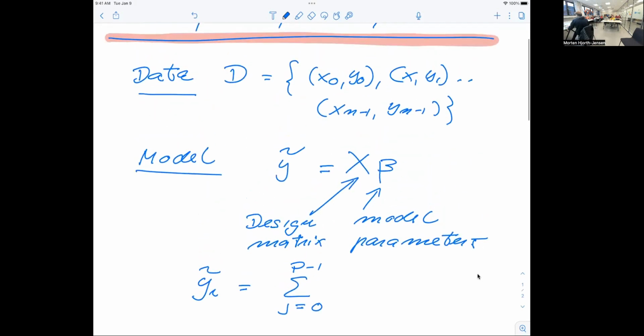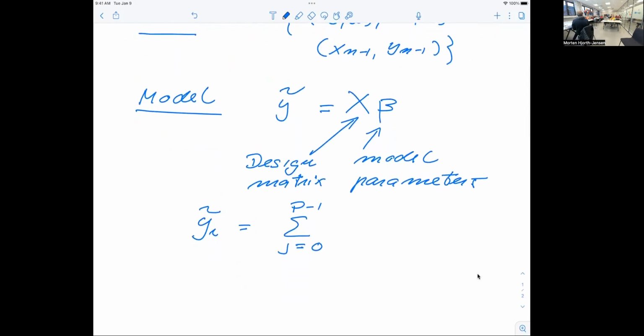The data points which we have are n. These are the entries and the outputs. But you can obviously fit a polynomial of lower degree. So you could have a data set with thousands of points, which is given by a second order polynomial. If you're tempted to, you could fit a 999th order polynomial instead of a second order polynomial. So this p doesn't need to be equal to n.